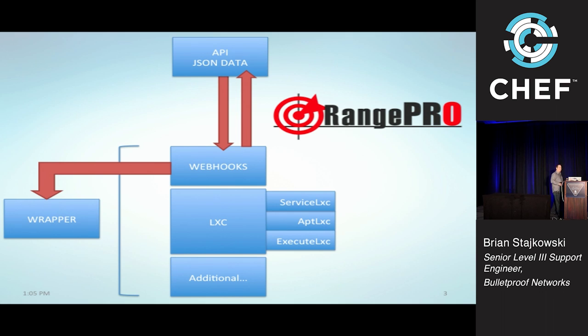So I created my own container, and then I needed to manage the services and the packages, and whether I can execute code on those containers. So I did an override of the multi-provider for package, service, and execute, and called it my own. The apt provider I called apt-LXC. And then I was able to manage packages on those individual containers.